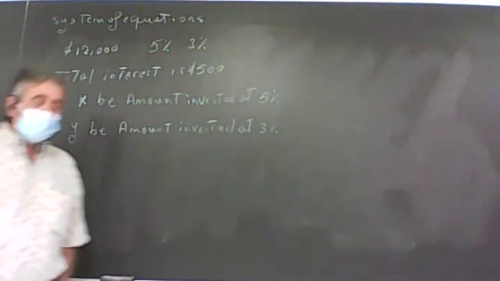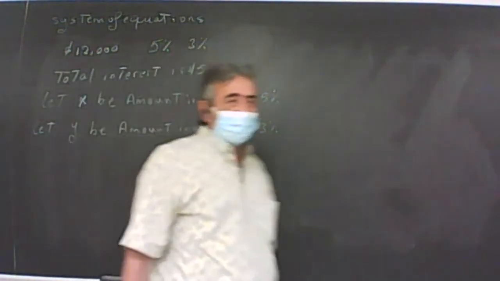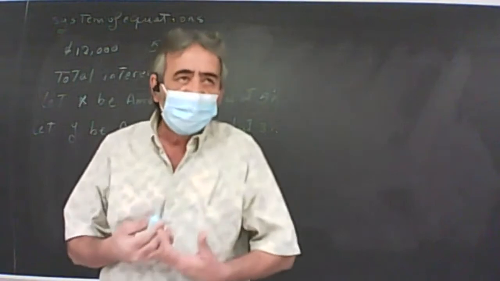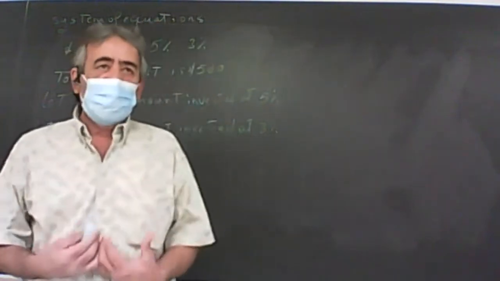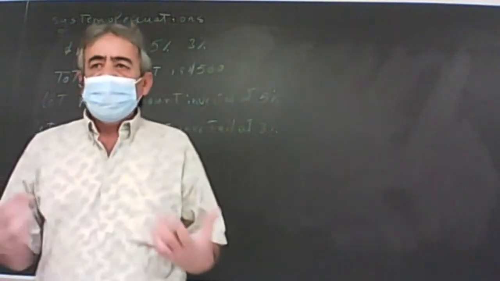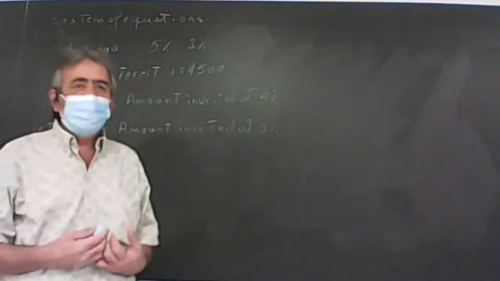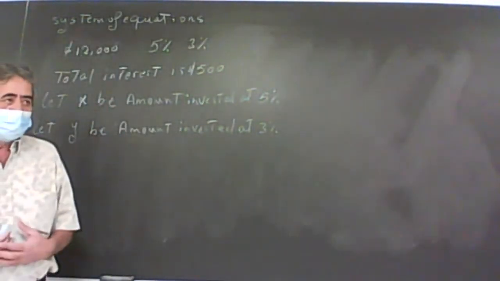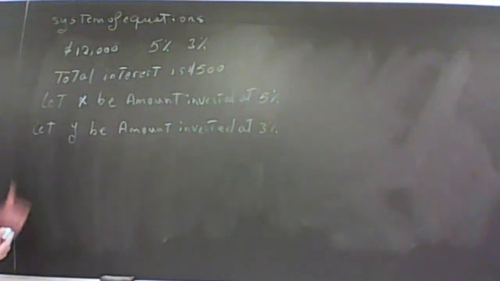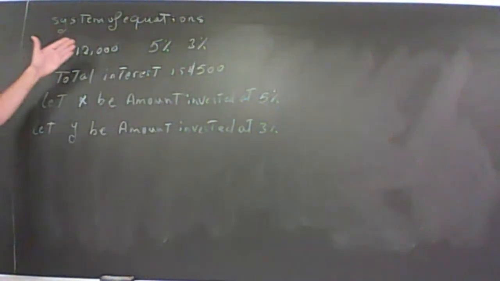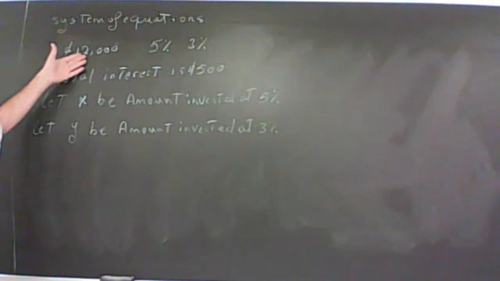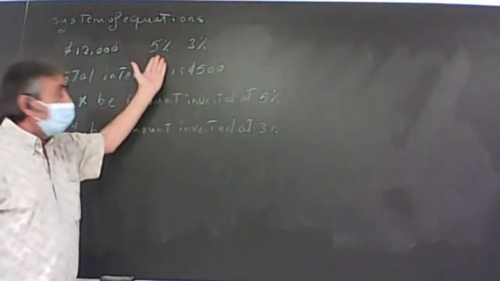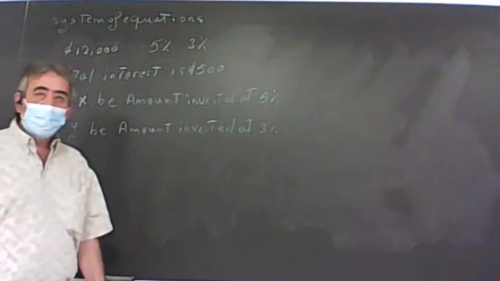Now, to write a system of equations, we need to find the relationships between x and y from the given information. You're given numbers: 12,000, 500, 5%, and 3%.